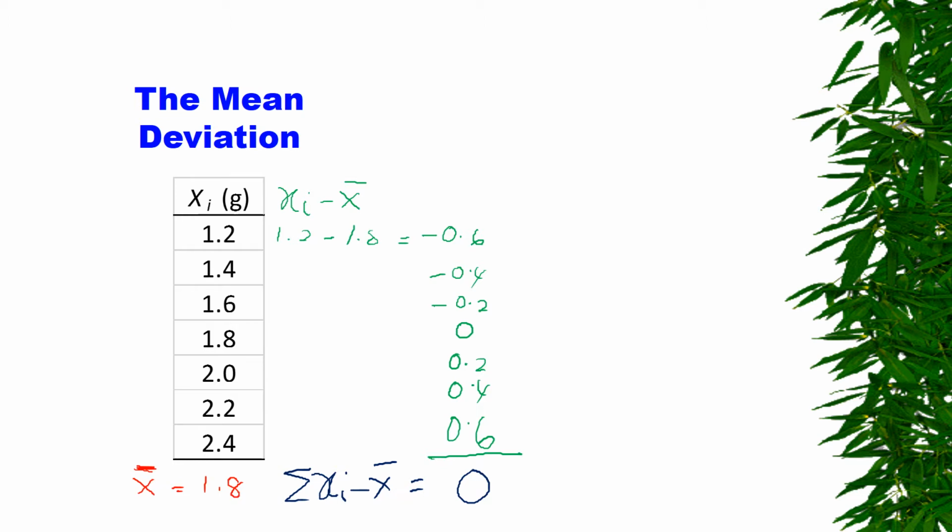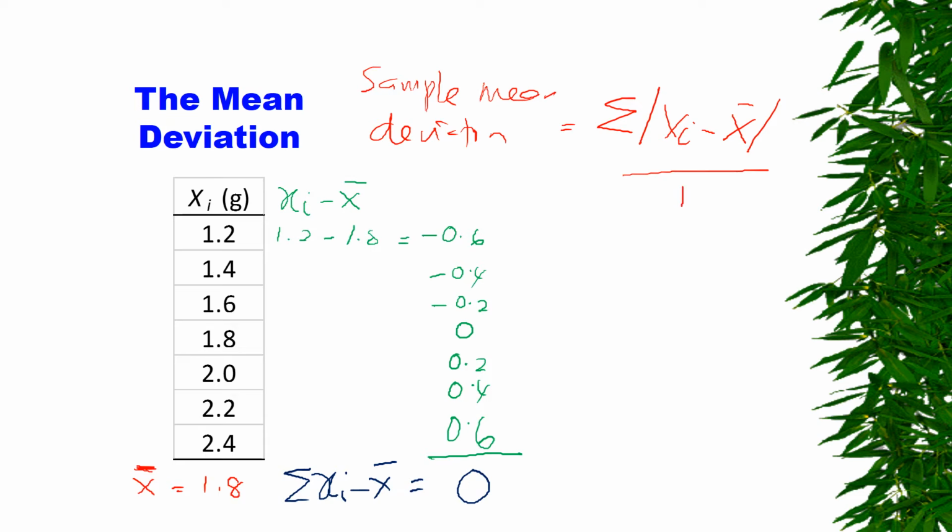So the sample mean deviation is calculated by the summation of the absolute value of xi minus x bar, divided by the total number of the sample. This sample mean deviation expresses the differences in the dispersion. Mean deviation can also be defined by using the sum of the absolute deviations from the median rather than from the mean.